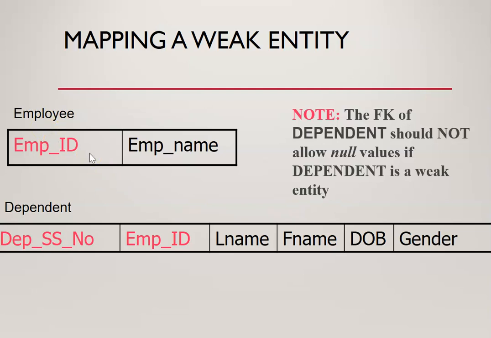But remember, this being a weak entity, we have got to get the primary key of each strong entity, and we add it with any other attributes of the weak entity. Remember, you don't have a limit on how many you want to add to act as a composite primary key. You can have dependent SSN, last name, the first name, whatever, that you are not limited on whatever attributes that you want to create as a composite primary key for your weak entity.